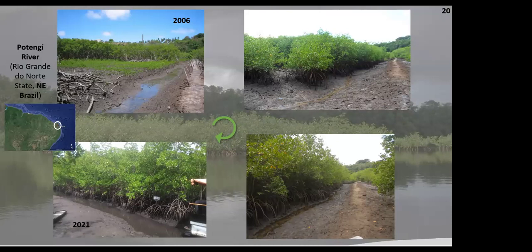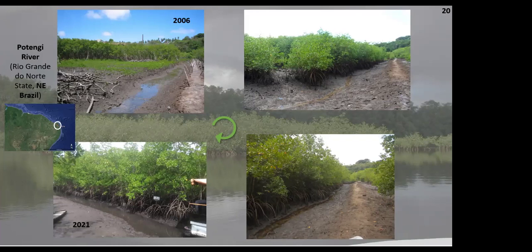Here it was not necessary to make any hydrological restoration measure, since you see that it's a creek on the side of the restored area, the recovered area. This project had the objective to restore the mangrove for the return of fishes, crustaceans, mollusks, because the fishermen claimed that the population of the Ucides cordatus crab.